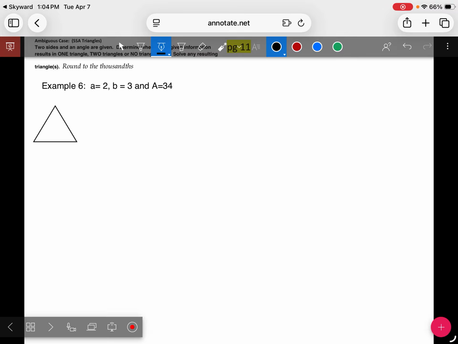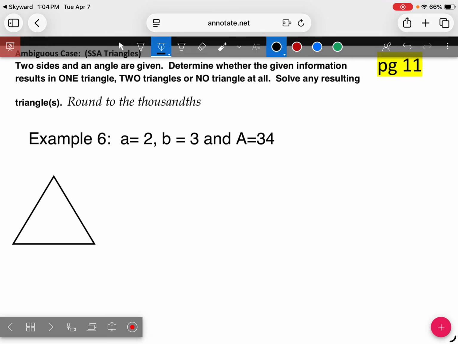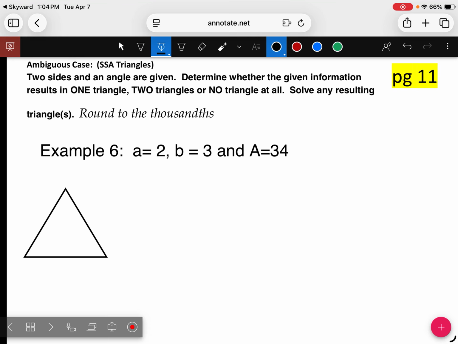Okay. All right, so let's look at example 6. Again, we have the bad word. We have a side and an angle. Let's go ahead and map it out. I'm going to use A, B, and D. Let's fill it in. Big A is 34.